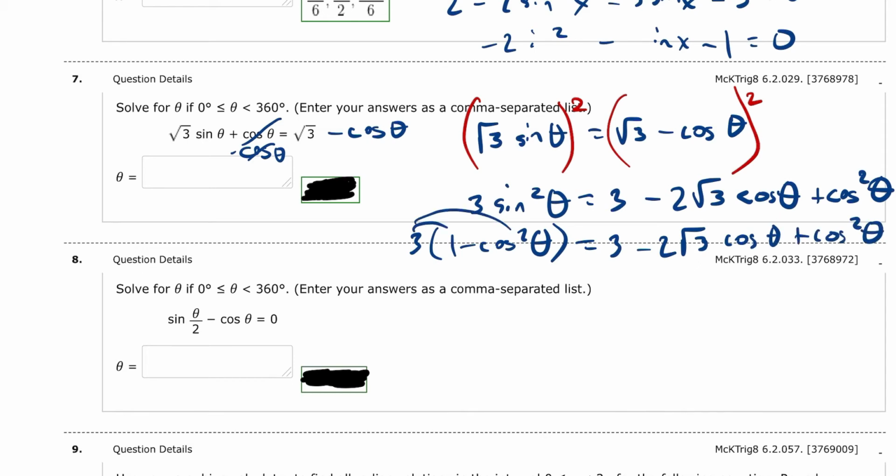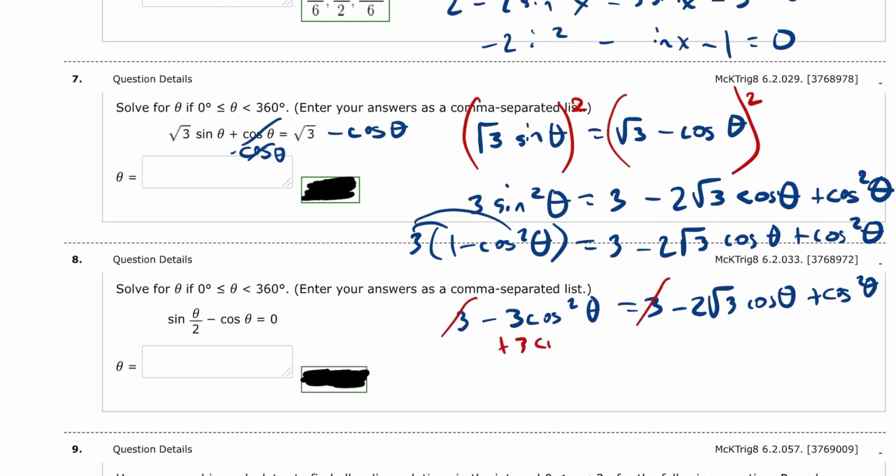All right, distribute. All right, notice that there's 3's on both sides, so when you subtract 3, they cancel. And then you can add 3 cosine squared theta to both sides.